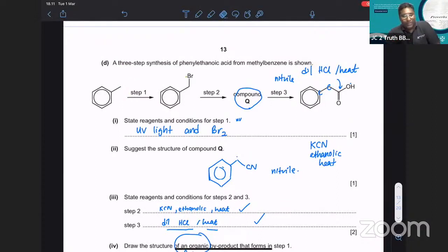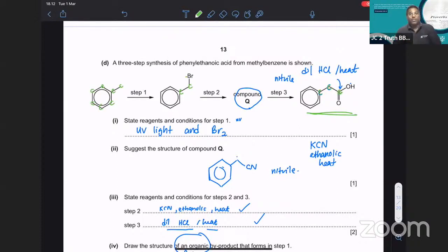After that, I think the confusion might come: how do you get compound Q? You need to look at this compound. This is 1 carbon, another carbon, so you have 2 carbons side by side over there. Of course we are not considering all the other carbons now. Suddenly the number of carbons is increased over here.